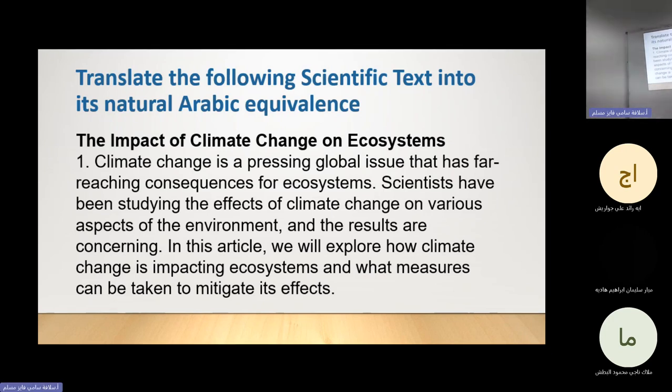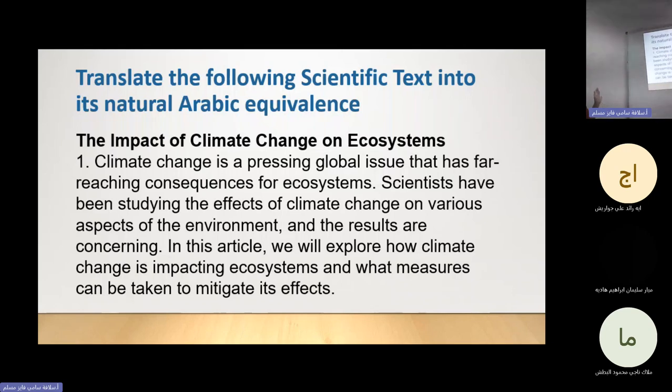Okay? In this article, we will explore how climate change is impacting ecosystems and what measures can be taken to mitigate its effects. There is some specialized vocabulary in this one.